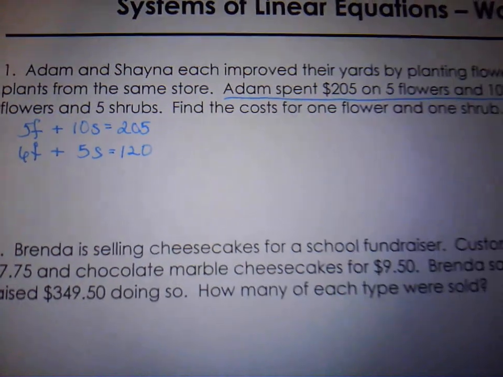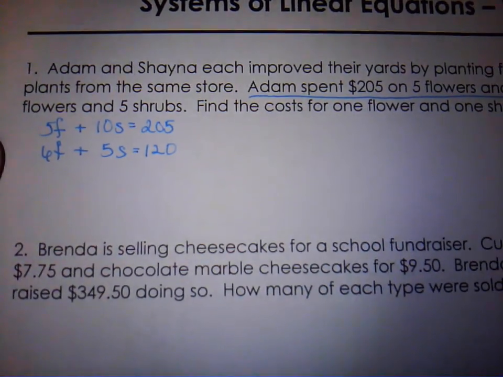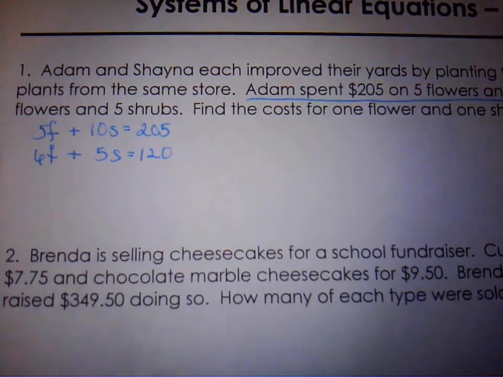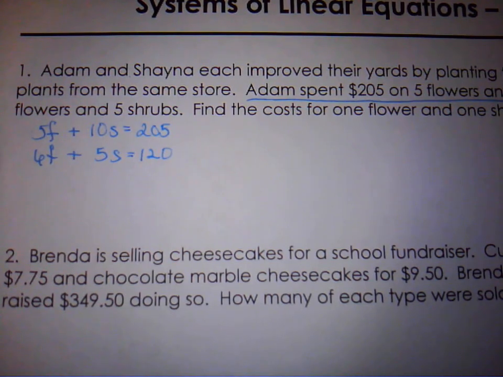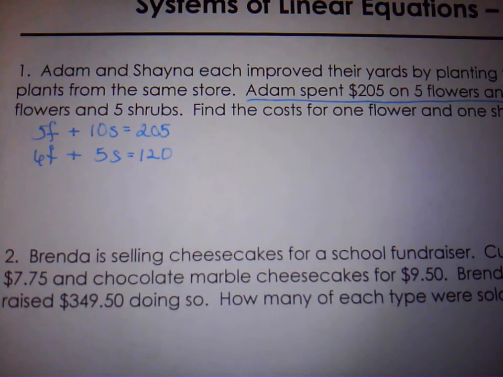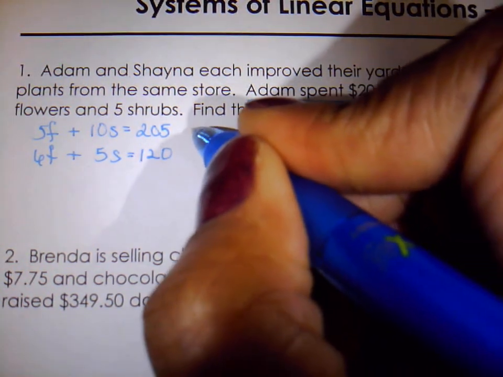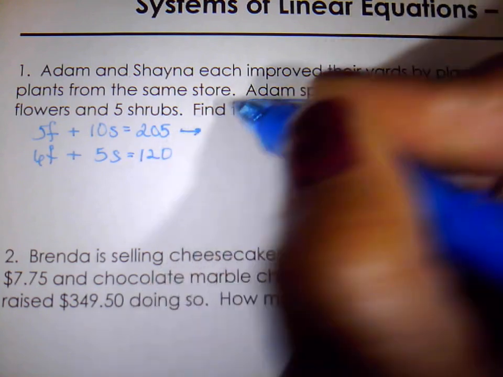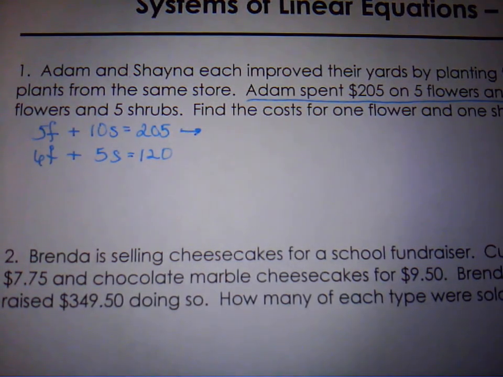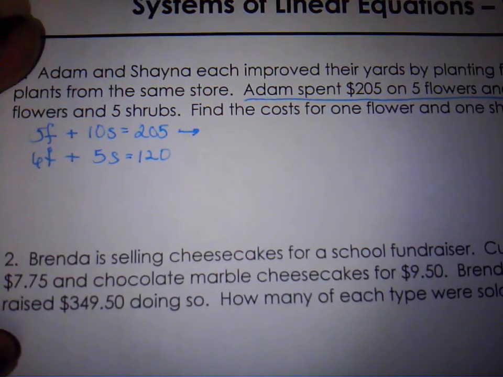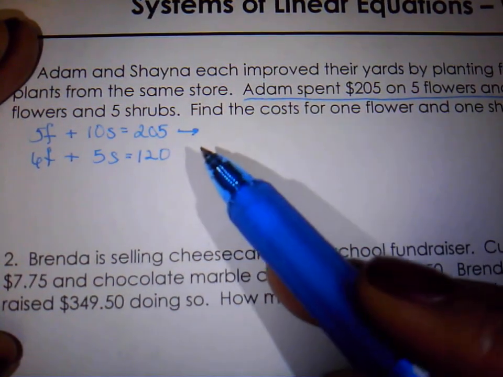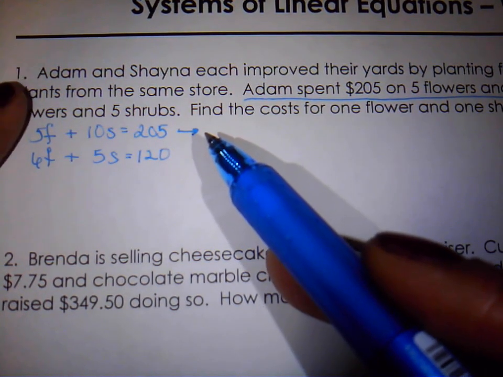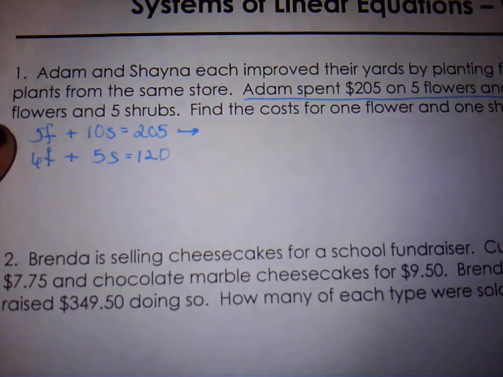All right. So now I have to determine which variable I'm going to solve for and which equation I'm going to use to solve for it, okay? So if I were doing this problem, y'all, I would take the first equation and solve it for F. Now pay very close attention.